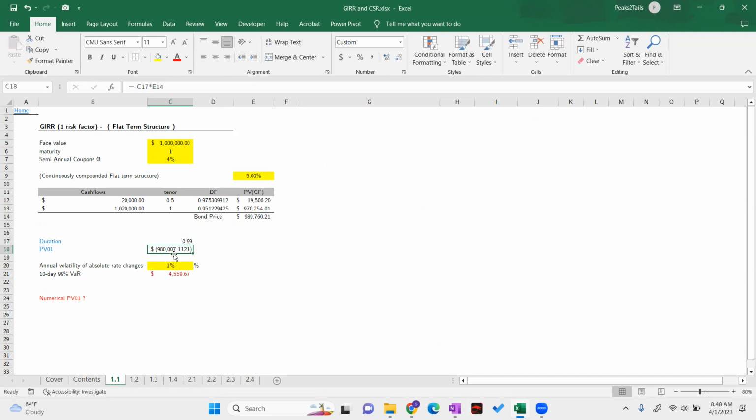This is 0.98 million. So let me ask you, is this the dollar change in the bond value if the interest rate changes by 1 basis point? So my question is, if delta R, if interest rate changes by 1 basis point, what is the change in bond value? How would you calculate?